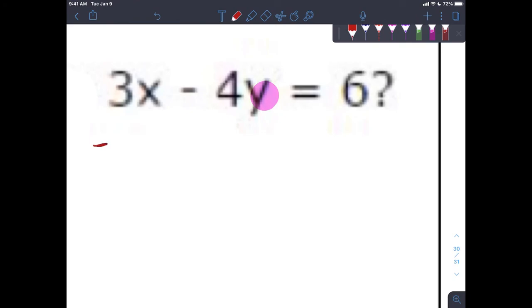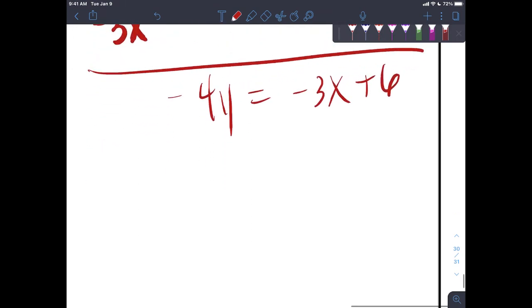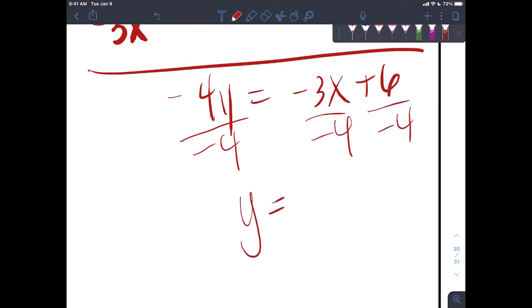So first thing I'm going to do is move whatever is not attached over to the other side. Now I'm going to go ahead and divide everything I see by the coefficient of y. And I end up with my problem in slope-intercept form.